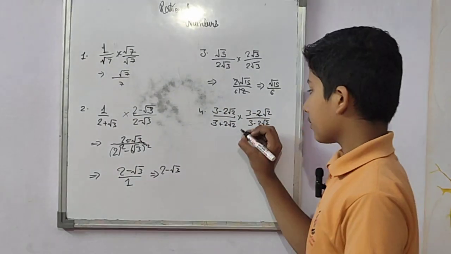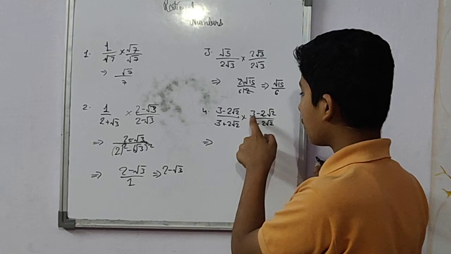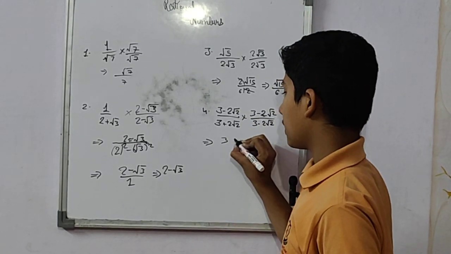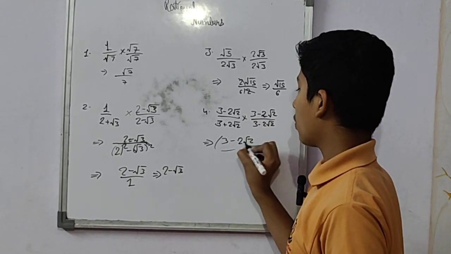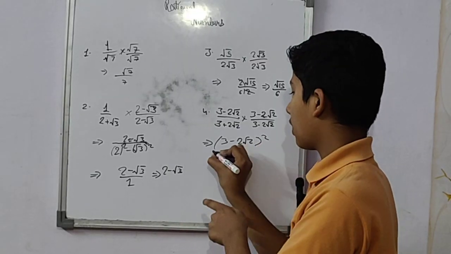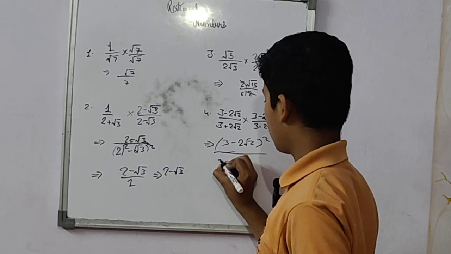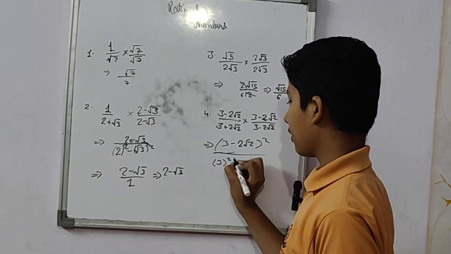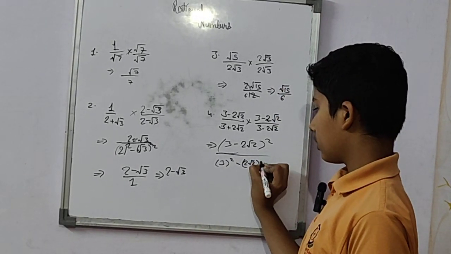Okay. 3 minus 2 root 2 into 3 minus 2 root 2 will become 3 minus 2 root 2 whole square, divided by 3 plus 2 root 2 into 3 minus 2 root 2. It will become 3 square minus 2 root 2 square.